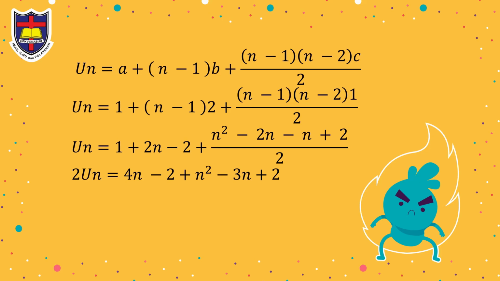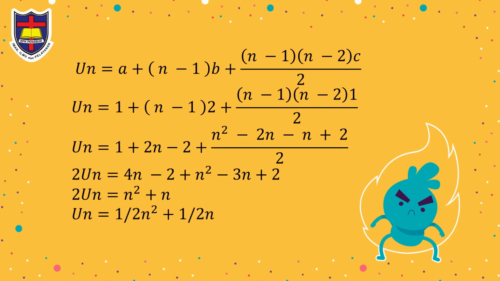Ingat, yang n sama n, yang n kuadrat sama n kuadrat, yang konstanta sama konstanta, kalau kalian mau nambahin atau ngurangin. Jadi kita punya 2Un sama dengan 4n kurang 3n, dapat n ya. n kuadrat tambah n, min 2 plus 2, 0. Jadi kita punya 2Un sama dengan n kuadrat plus n. Nah, ditanyanya kan rumus Un.